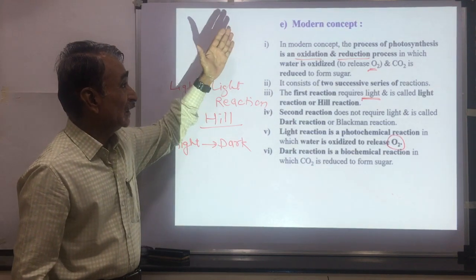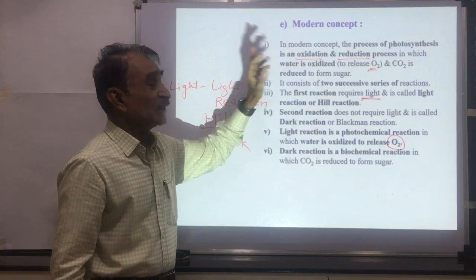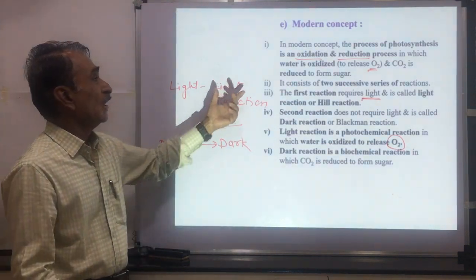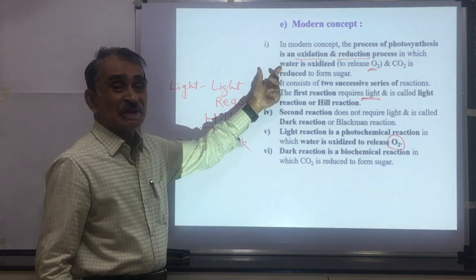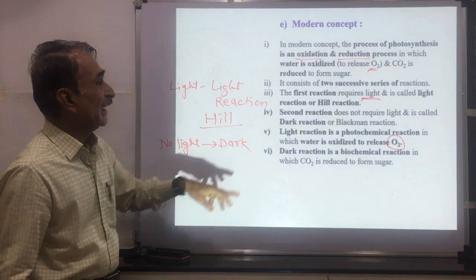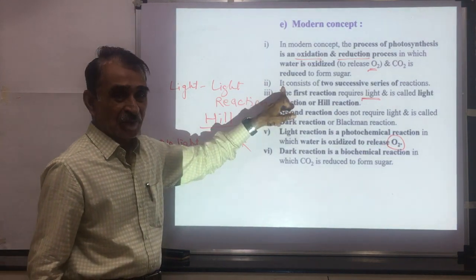In the modern concept, photosynthesis is an oxidation reduction reaction. Water is oxidized to release oxygen, and CO2 is reduced to form carbohydrates. It consists of two successive series of reactions.